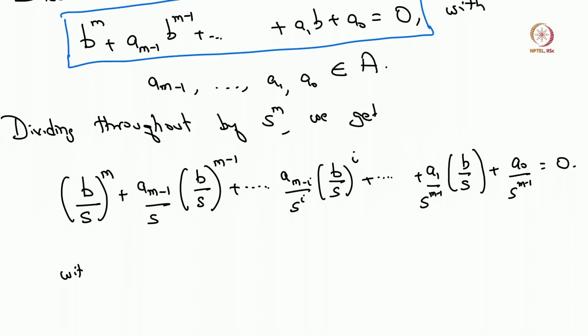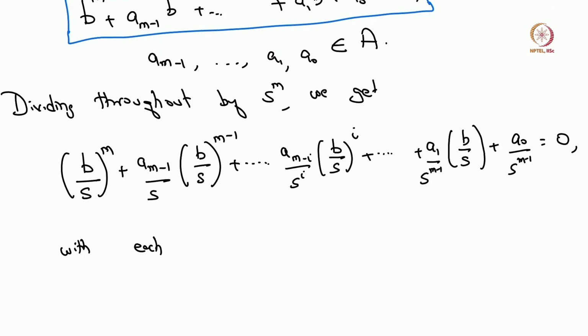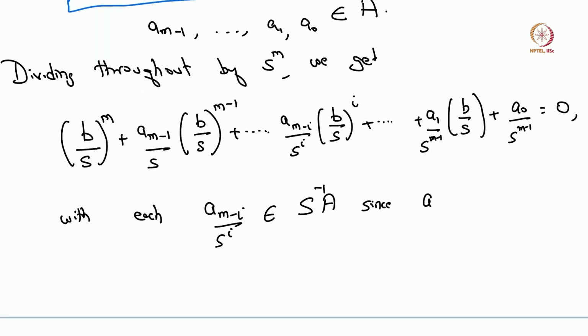And now what we have is that with each coefficient here, a_{m-i} over s to the i, the numerator belongs to A and the denominator is s times s times s, i times, but S is a multiplicatively closed set, so the denominator belongs to S. So this fraction belongs to the localization.